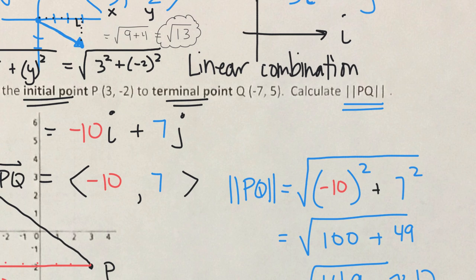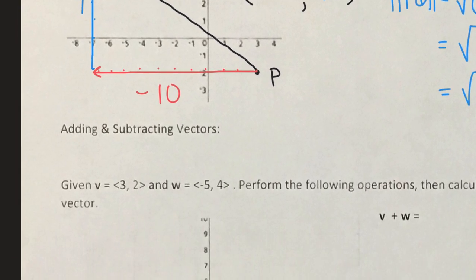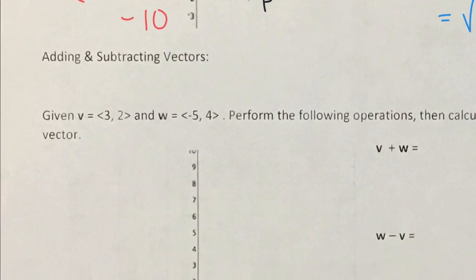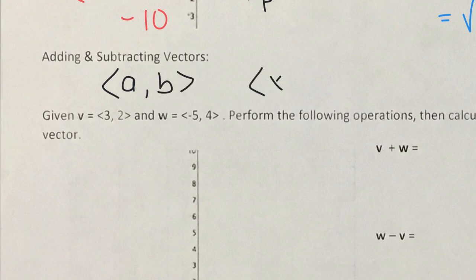So how about some vector operations, if we're going to add or subtract vectors? Maybe we have the vector <a, b>, some random vector, and the vector <x, y>. Adding vectors together just means that you combine their components.